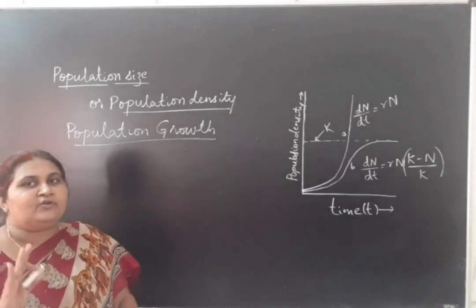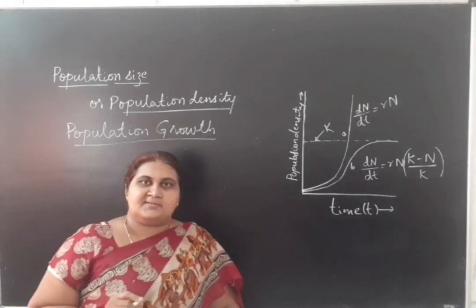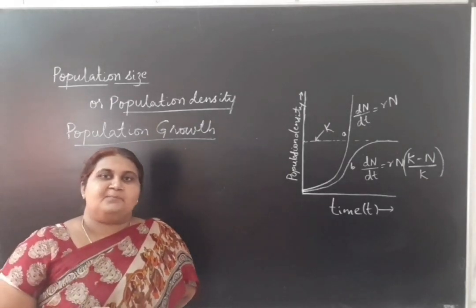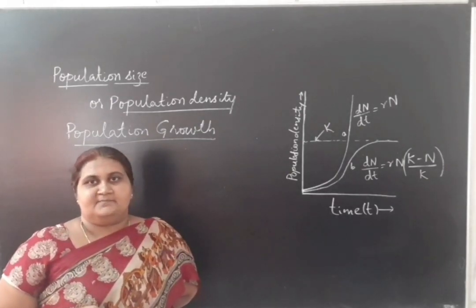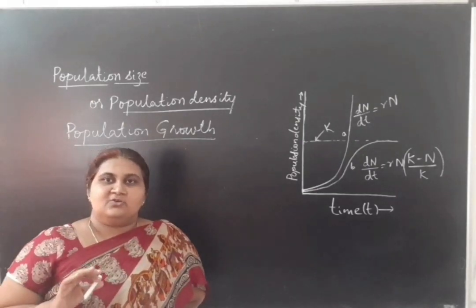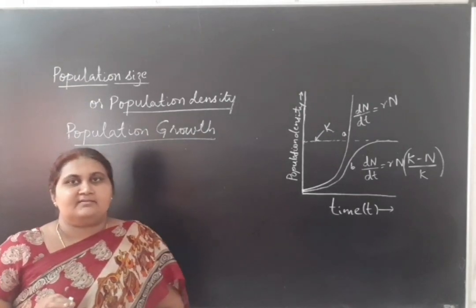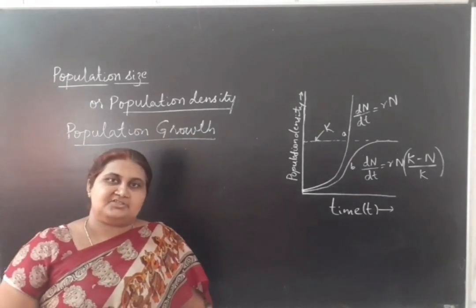There are 4 basic processes that will affect the population size. Which are those? Natality, mortality, immigration and emigration.